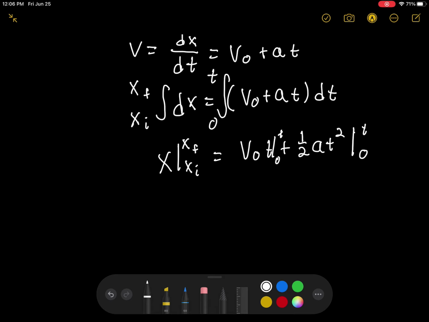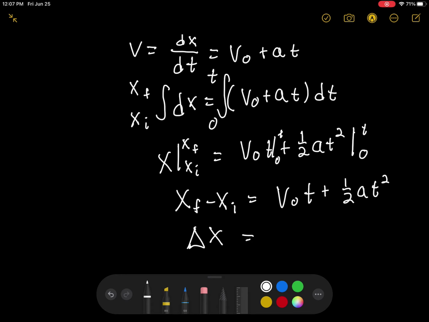And to conclude everything here, the final position minus the initial position equals v0 t plus 1/2 at squared. And to make the left side a little bit more convenient for later on, we're just going to simplify this to delta x. That's just to signify some difference in position. And ta-da! We have our very second kinematic equation.